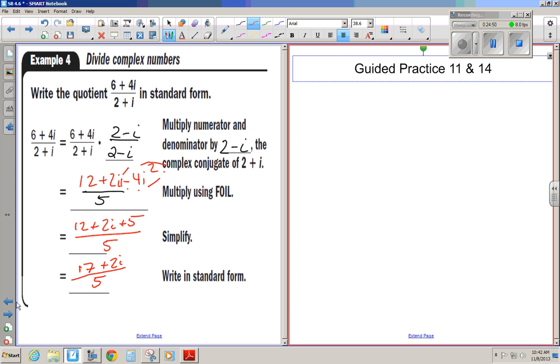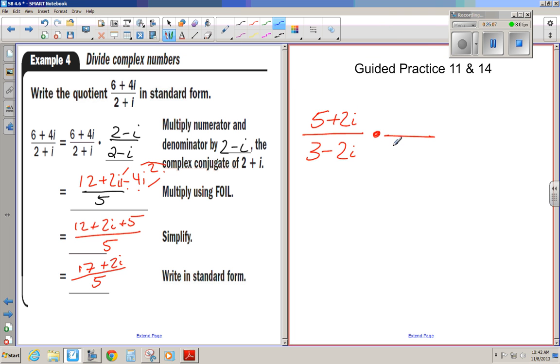All right, so we already did 12, so I'm not going to do 11, but I will go do number 14. I would make sure you have these steps in your notes. We multiply by the conjugate, 3 plus 2i. And again, the reason we do that is it gets rid of the middle part.